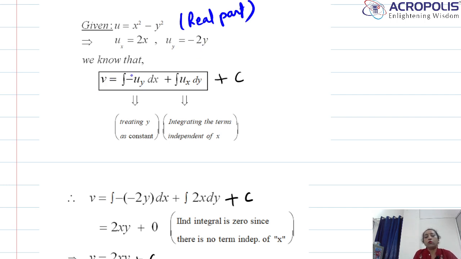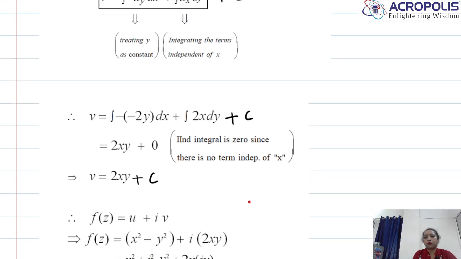And we know that by the formula v is equal to integral of minus uy dx, where y is a constant term, plus integral of ux dy, where all the terms are independent of x. So v is equal to integration of minus uy, the value of uy is minus 2y, so I am putting here minus of minus 2y dx plus integration of ux, that is 2x dy, plus c.